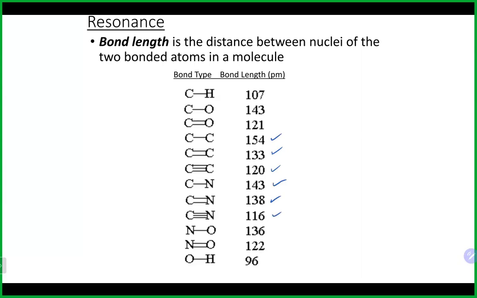What we actually see here is as you put on more bonds, the distance between the two atoms gets smaller. So a single bond is longer than a double bond, and it's longer than a triple bond. If you think about it, remember that there is a positive charge on the nucleus of each of those atoms, and we bring the electrons in, as we just saw in our Lewis structure, to make that double bond.